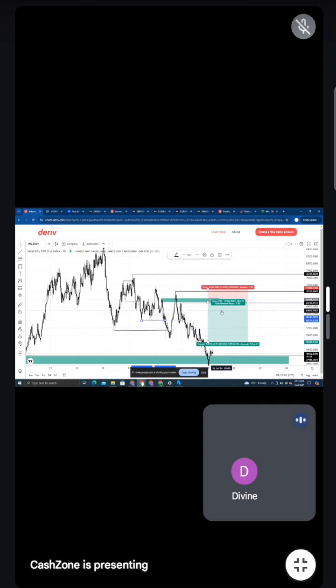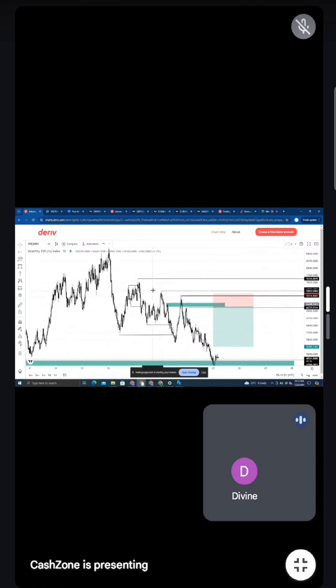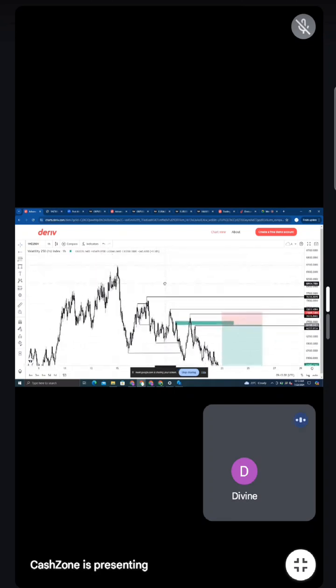But I doubt this one is going to hold because I just saw this now. So price may come and take out this place and tap into here before selling. All right.